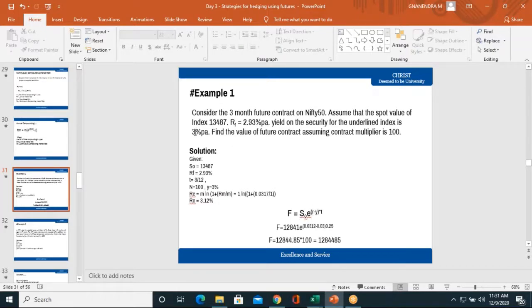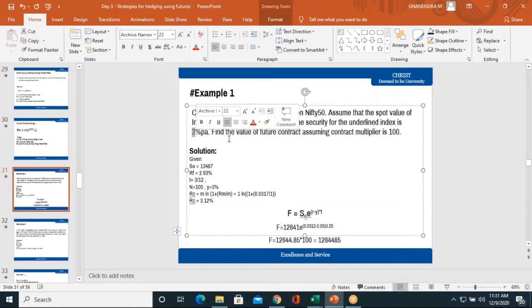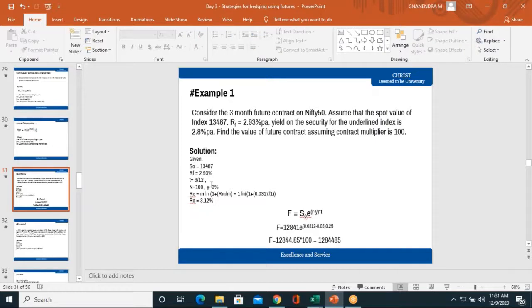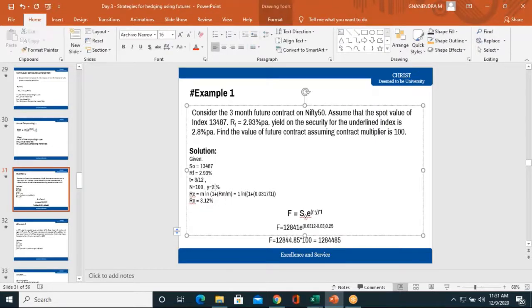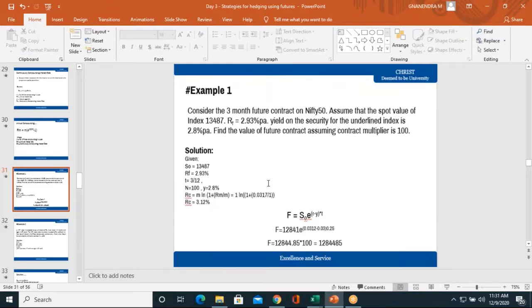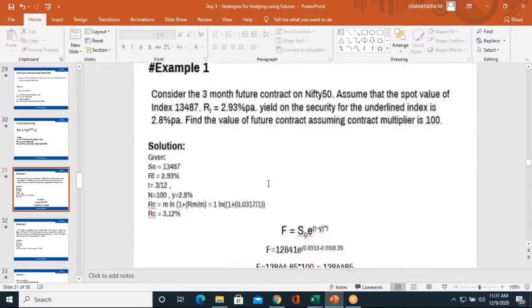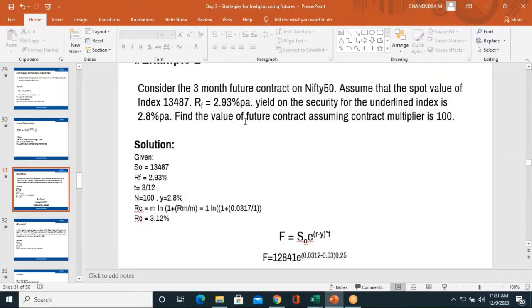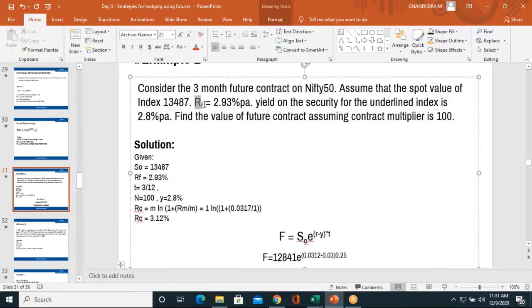No, it will be negative. So what I do is I will reduce it, because for 3.17 I had taken 3, so I will take 2.8 percentage. If I calculate the RC, because they have not mentioned whether this particular RF is continuously compounded, you need to convert that into continuously compounded.